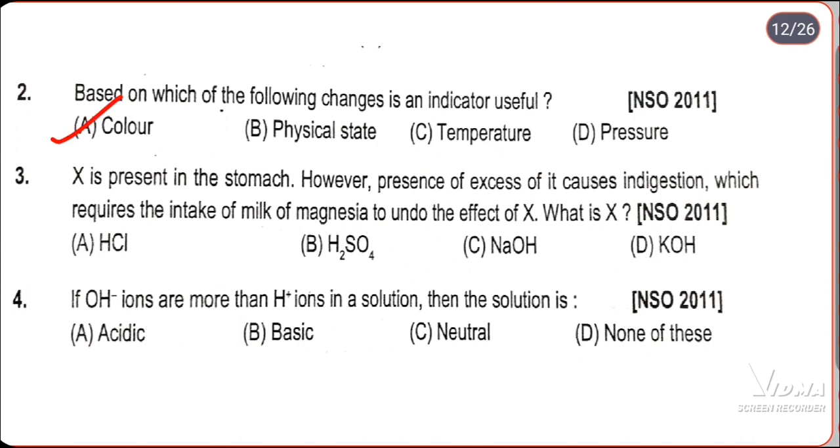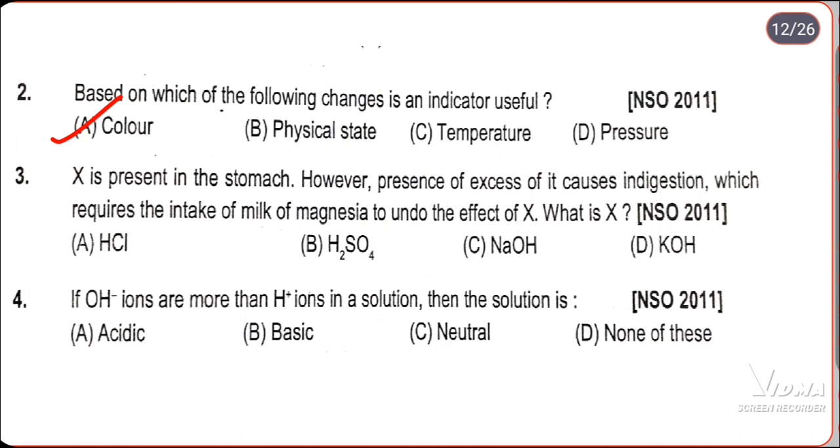Even some indicators like onion and clove change their smell in respect to the nature of the chemical. If it is acidic, they give smell, and if it is basic, the smell is vanished. But here it is asking for a normal indicator and smell is not given as an option.